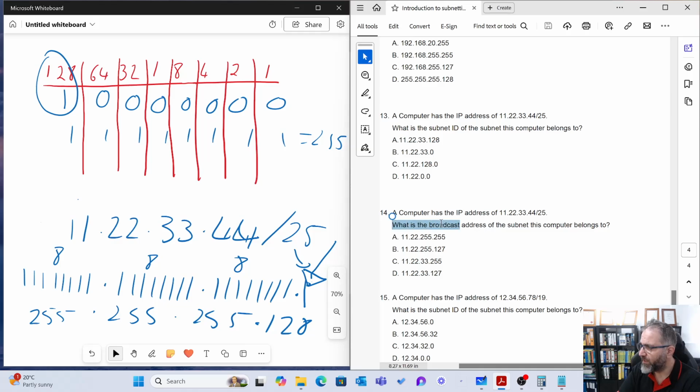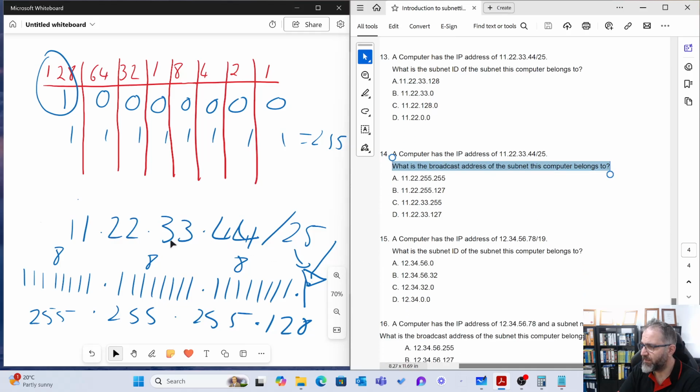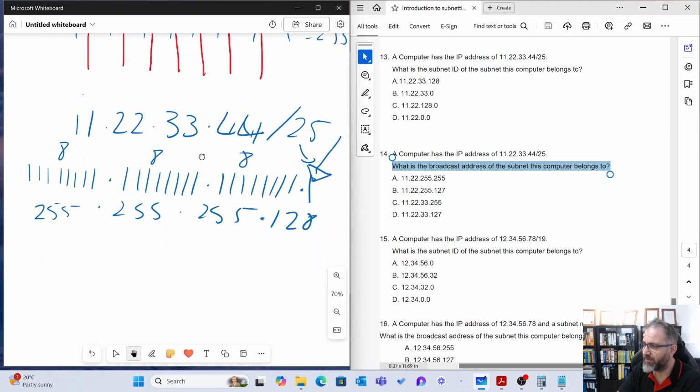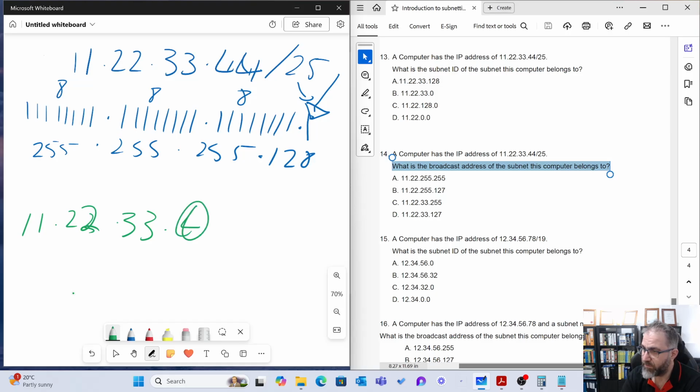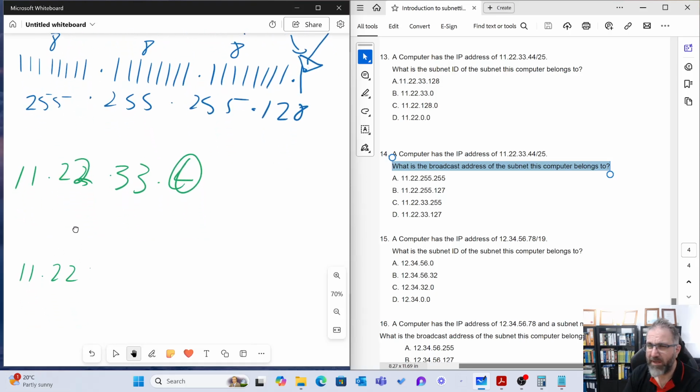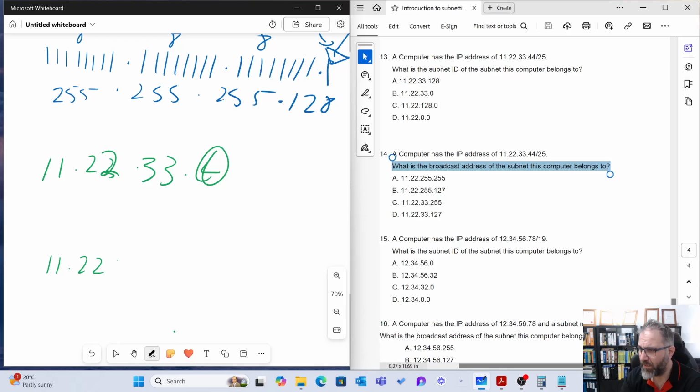And what is the broadcast address of that subnet? I didn't rub it out this time. So this is our subnet ID. 11, 22, 33, 4, so that's a 0. And the other, the second subnet, is, I just noticed my handwriting is terrible. How are you guys reading this?